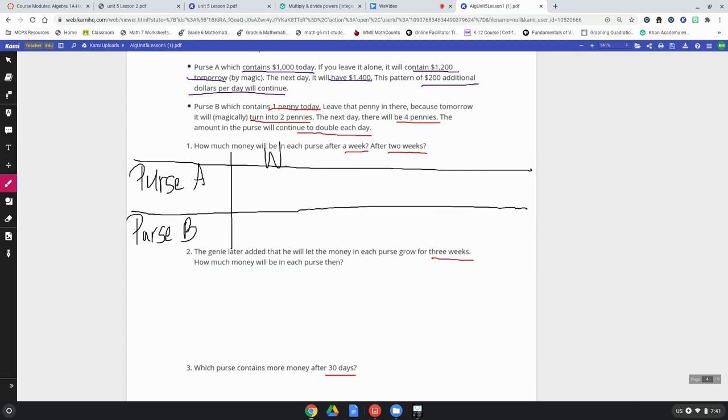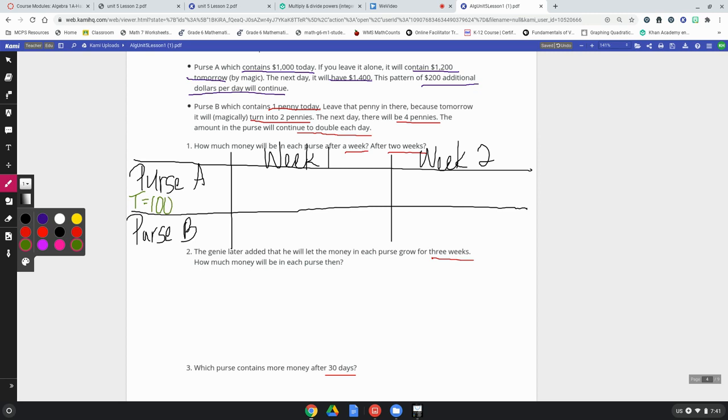Efficiency is the goal, really. First purse: the total amount of money is going to be $1,000 to begin with, and then $200 every day afterwards.